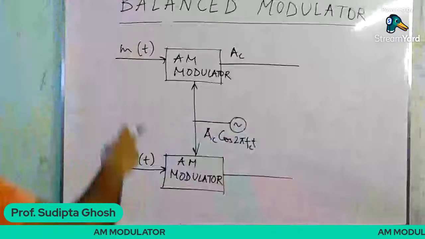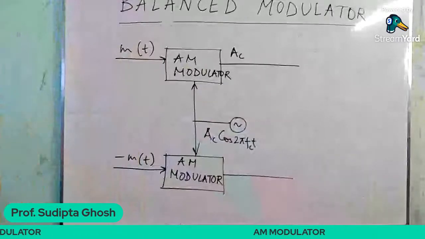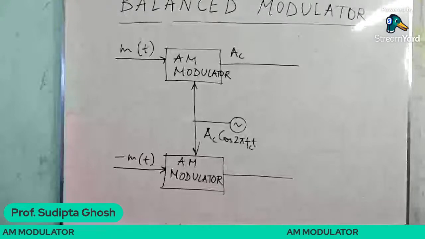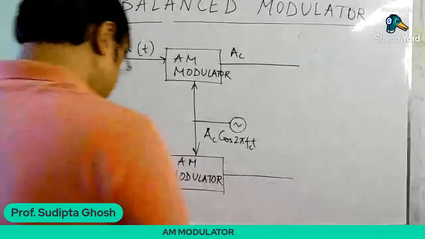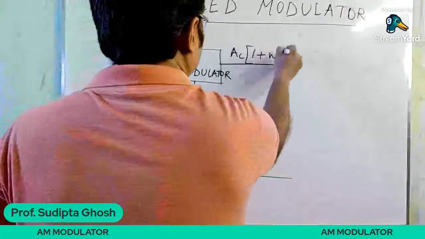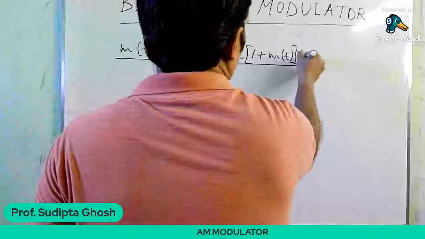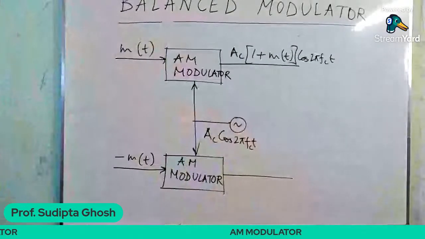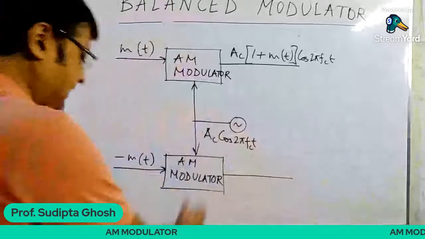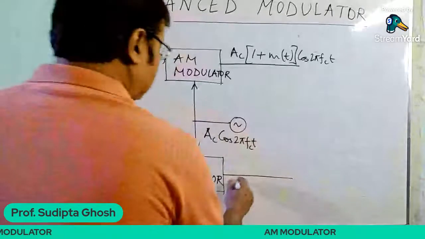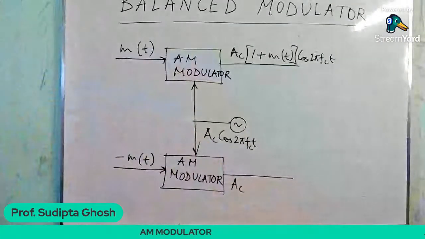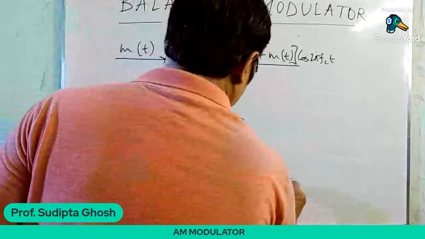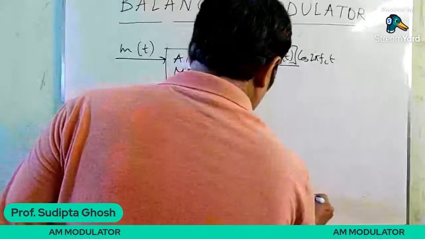As we have already discussed the square law modulator output, you can readily tell me that the output of the first square law modulator will be Ac (1 plus m(t)) cos 2 pi fc t. From the second modulator, since the information signal is in minus m(t) form, the output will be Ac (1 minus m(t)) cos 2 pi fc t, right?